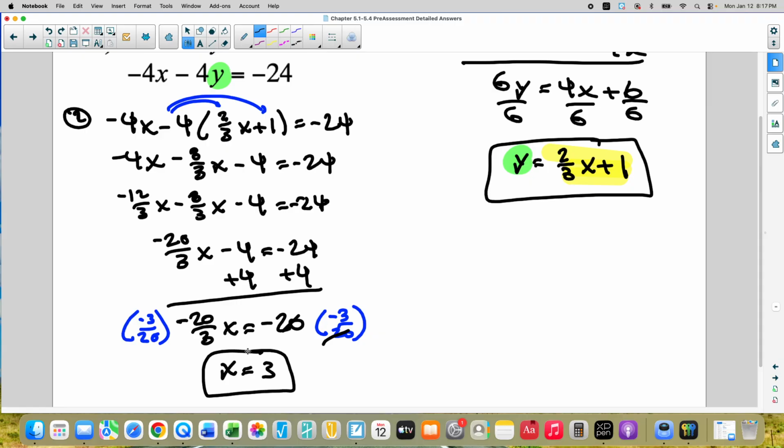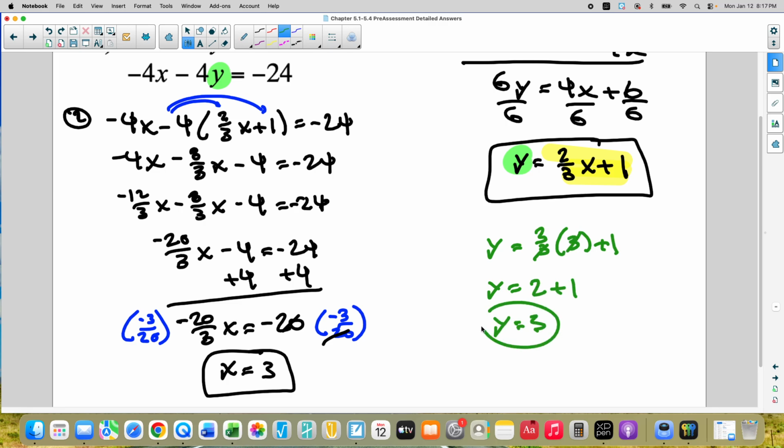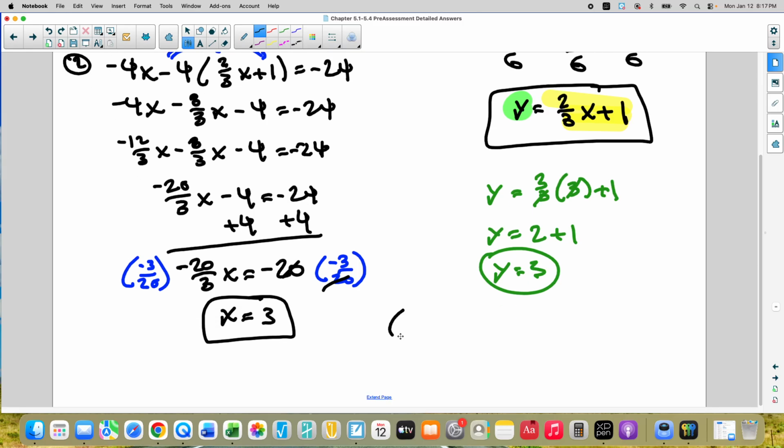That wasn't too bad. And now, to find my y value, I use this equation. Y equals 2/3 times 3 plus 1. Y equals 3 in the denominator, 3 in the numerator. So y equals 3. So my solution is going to be (3, 3).